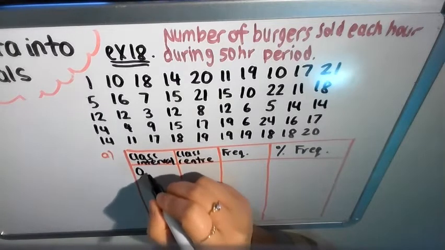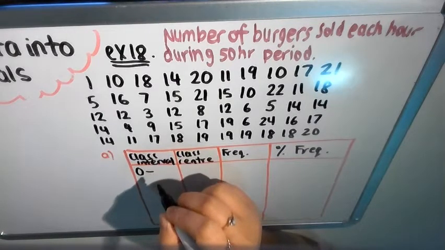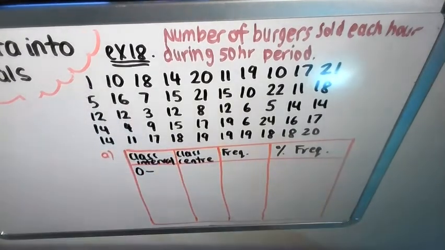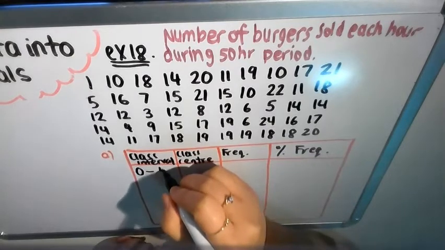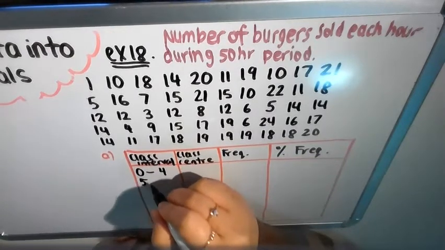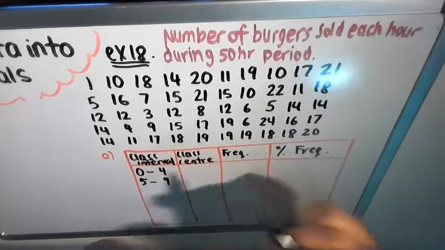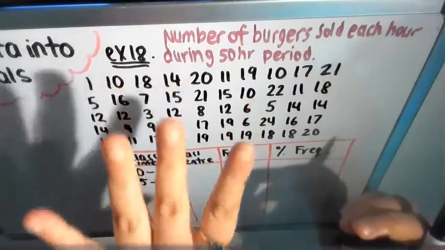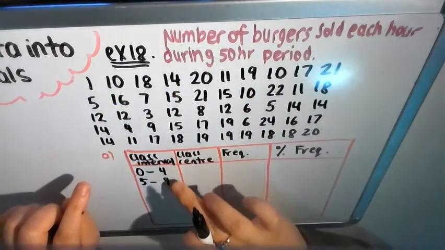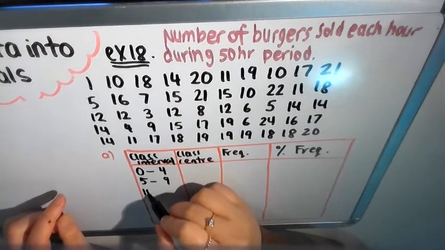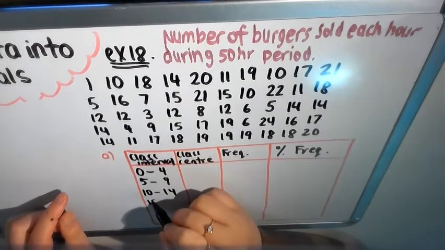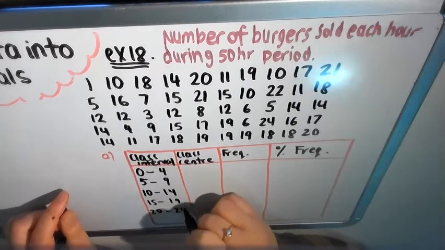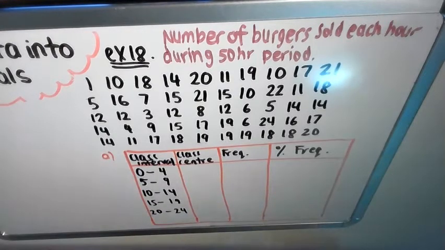So between 0 and 4: 0, 1, 2, 3, 4, that's 5 scores. Then from 5 to 9, because 5, 6, 7, 8, 9 is 5 scores. Then we do 10 to 14, 15 to 19, and then 20 to 24.